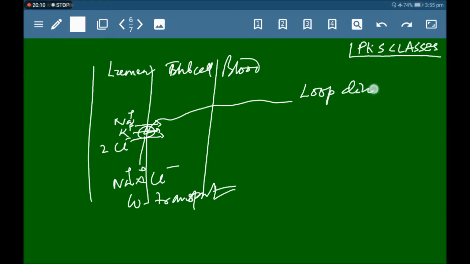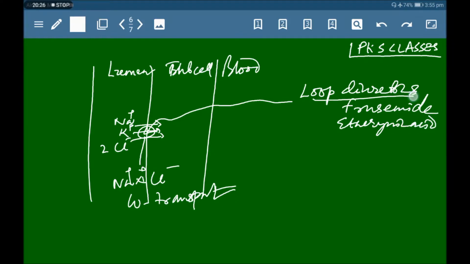The drugs are called loop diuretics, like furosemide and ethacrynic acid. These loop diuretics inhibit sodium potassium chloride co-transport, so they increase the concentration of sodium, potassium and chloride in the lumen.